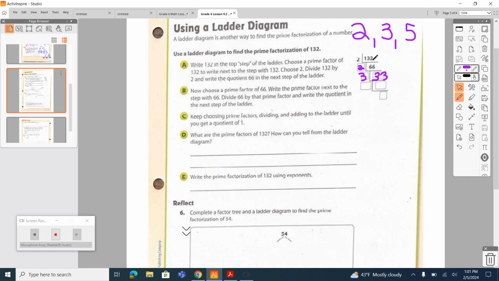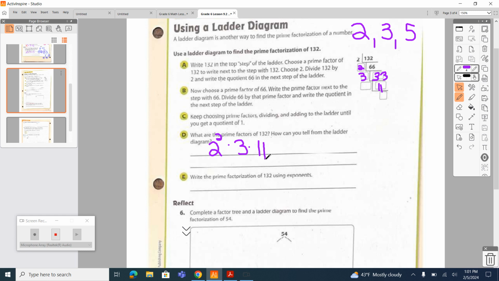And 66 divided by 2 is 33. And 33 divided by 3 is 11. So my factors of this should be 2 squared, because there's 2 twos, a 3, and an 11. Okay?